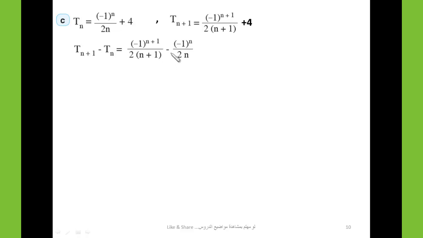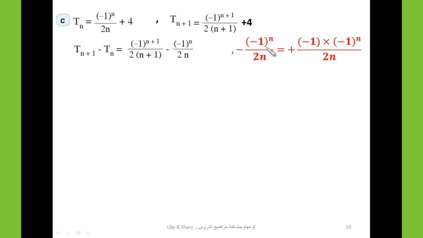Note that minus negative 1 power n over 2n equals positive negative 1 multiplied by negative 1 power n over 2n. Instead of the negative sign, we write negative 1 multiplied by negative 1 power n, all over 2n.